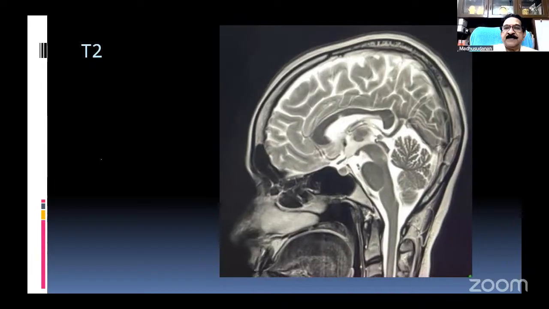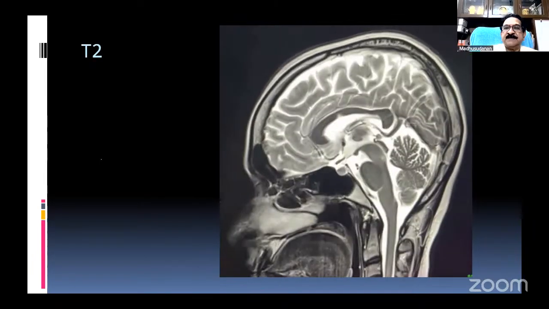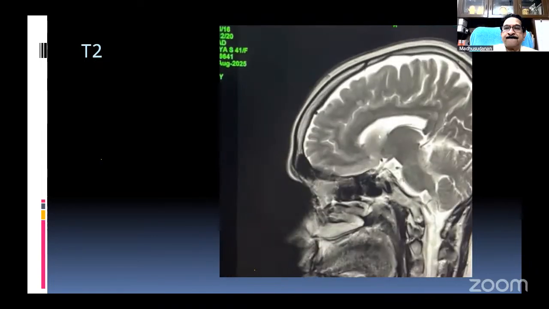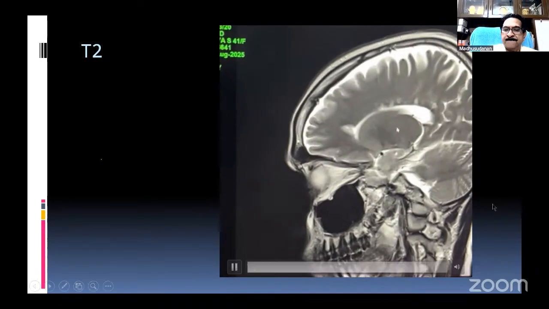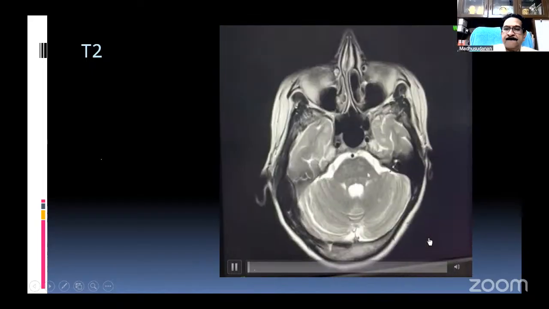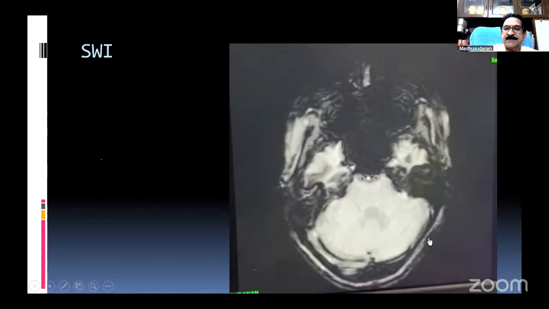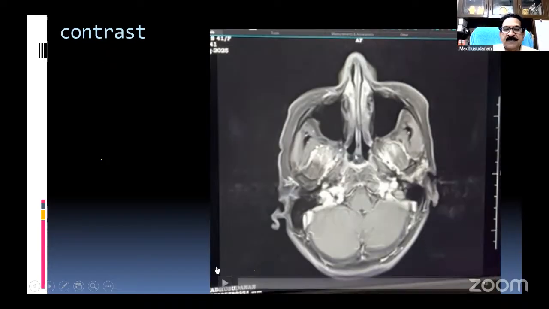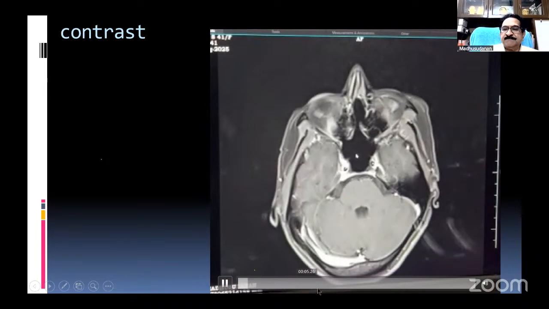That lesion, callosal marginal level, you can find the lesion there. SWI is negative. And this is the contrast. There is no contrast enhancing lesion.